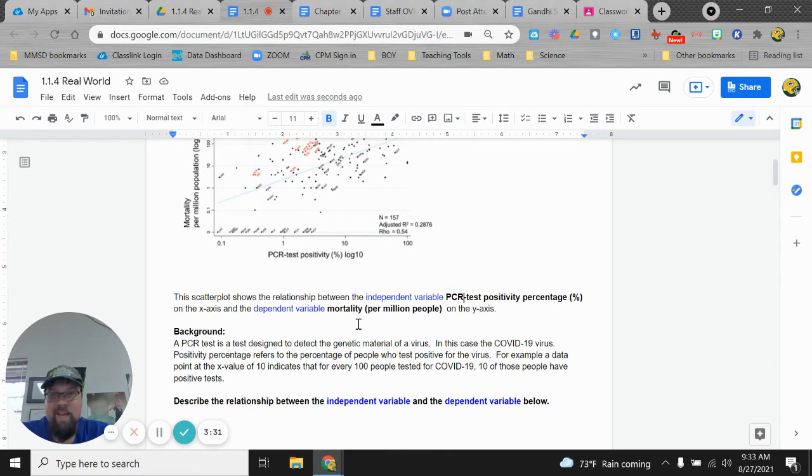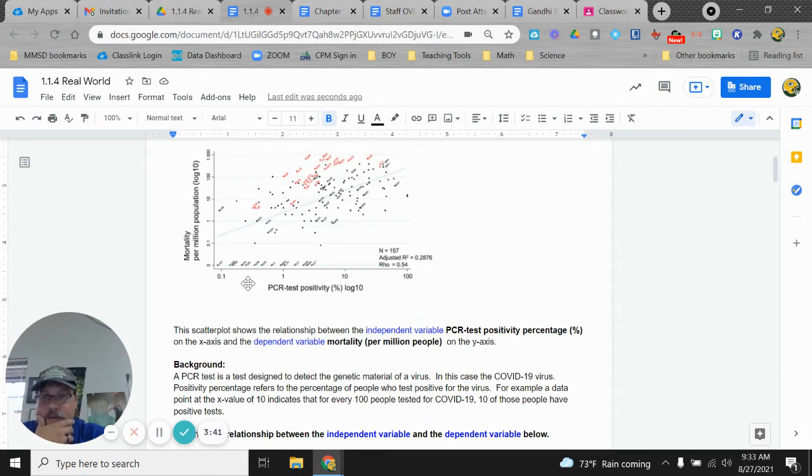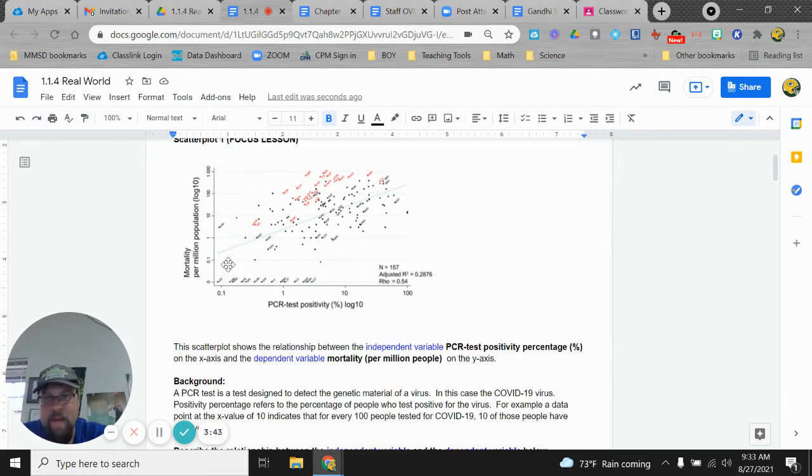Each one is also going to ask you, and this is the most important part, to look at the scatter plot and determine what's going on. Describe the relationship between the independent and dependent variable. They have this nice trend line in here, pretty convenient for us. As I move from left to right, in general, this is an increasing PCR test positivity rate.